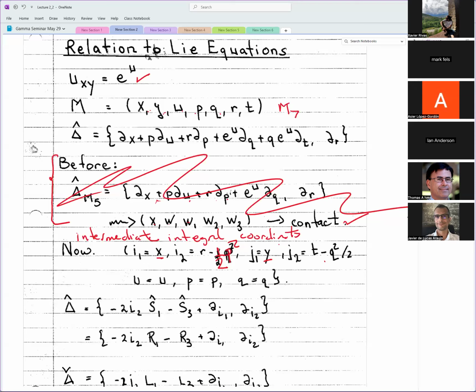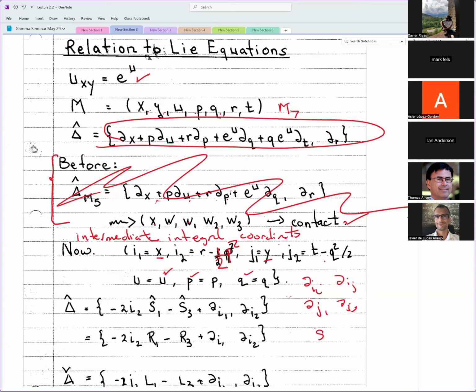So I'll just do the simplest thing possible. Keep u the same, p the same, and q the same. And now rewrite this system in terms of these first integral coordinates. And I'm going to use for my basis for my vector fields the derivatives in the invariant directions.